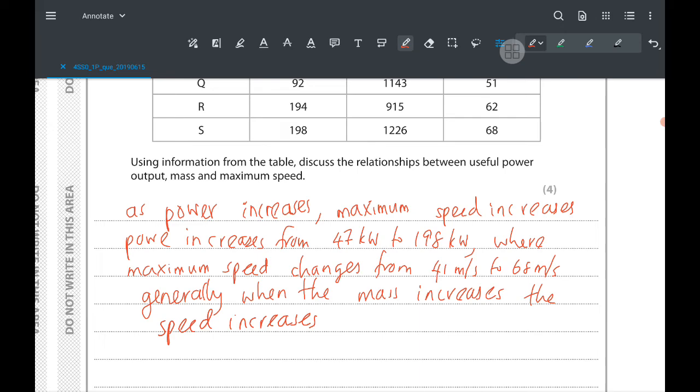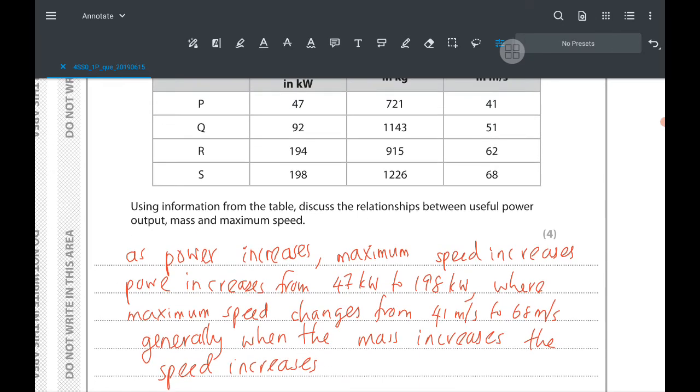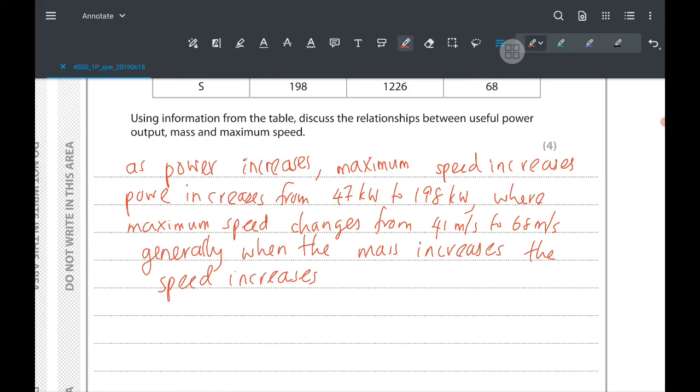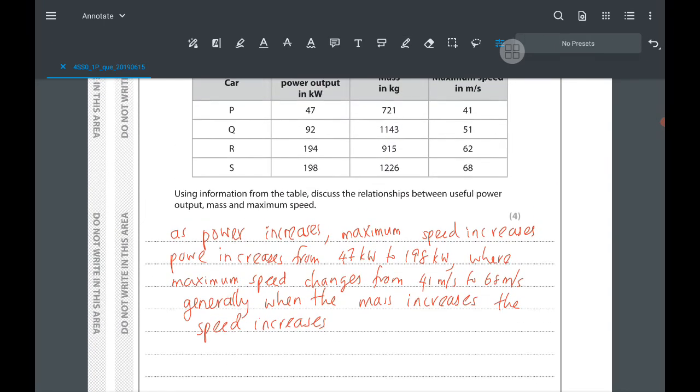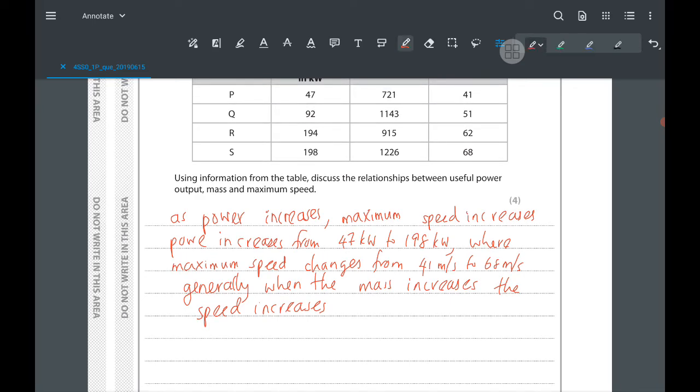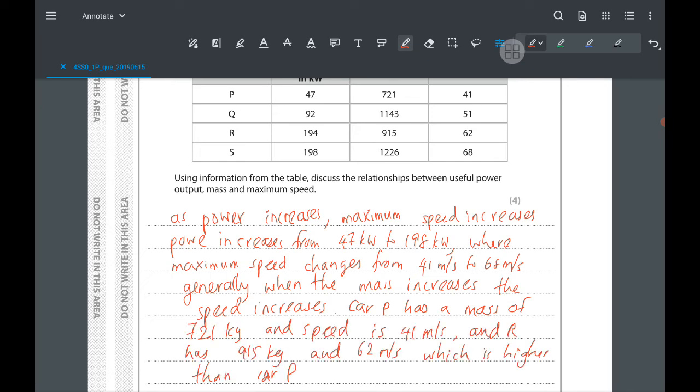And also we can take a set of data. For an example, if you take car P and Q, you can see when the mass increases, speed increases, or you can say P and R. I'll relate P and R. So speed increases.